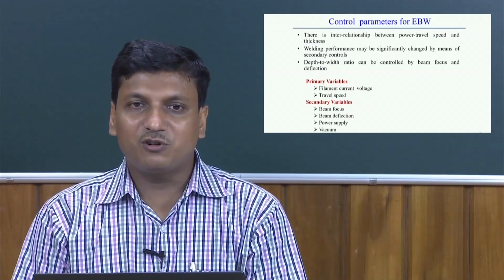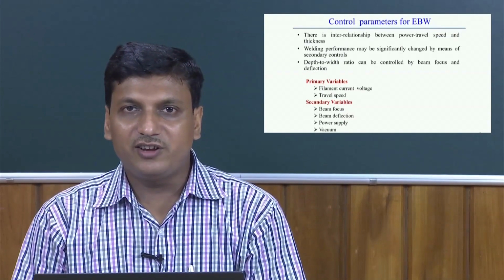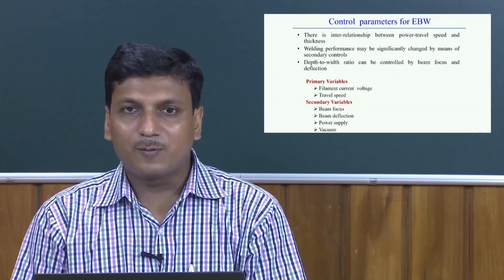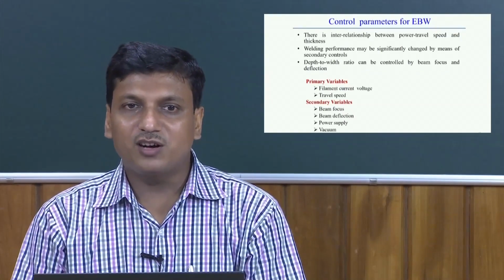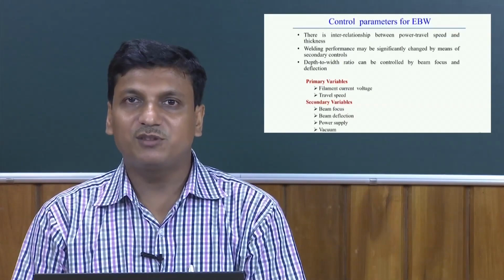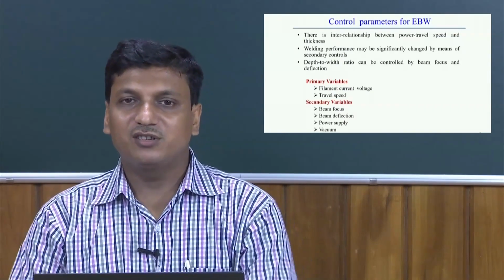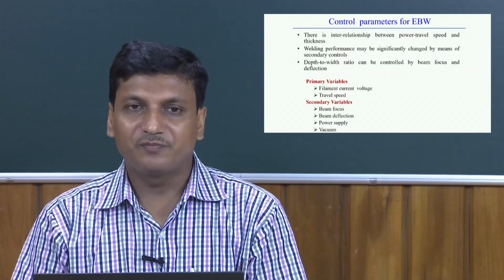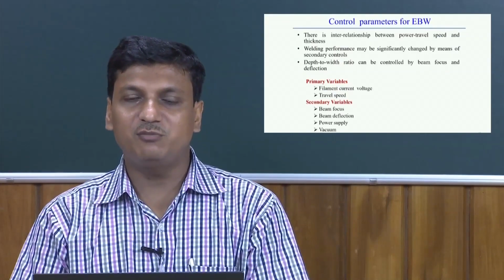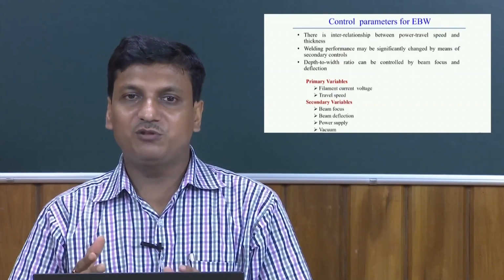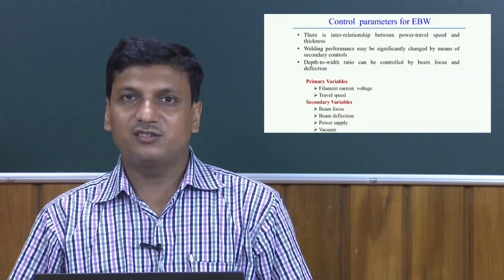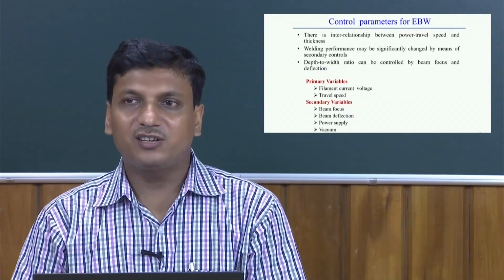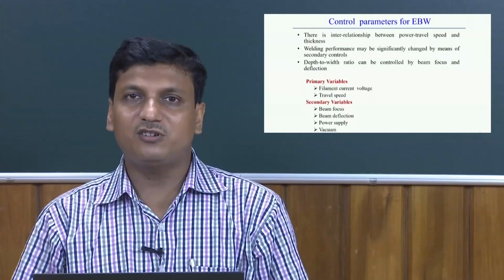The most important thing is that the depth to width ratio can be controlled by the beam focus and the deflection of the beam. These are the two parameters that influence the depth to width ratio, and ultimately it affects the molten zone or the heat affected zone of this process.